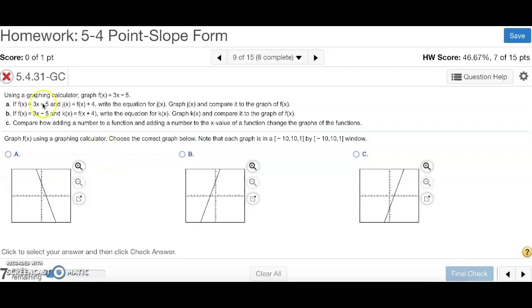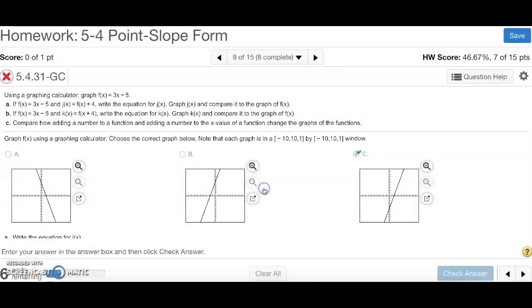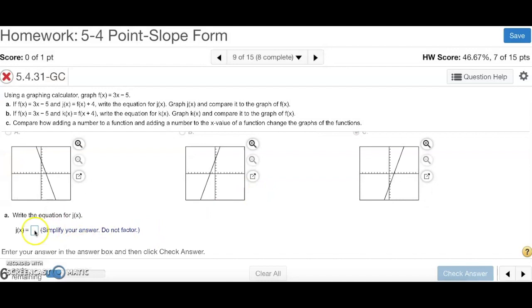Number 9, it says using the graphing calculator, graph f of x equals 3x minus 5. That has a y-intercept of negative 5, so looking at my first choices, that's going to have to be C, because all the others have a y-intercept that's positive. J of x is if we're adding 4 to the function.